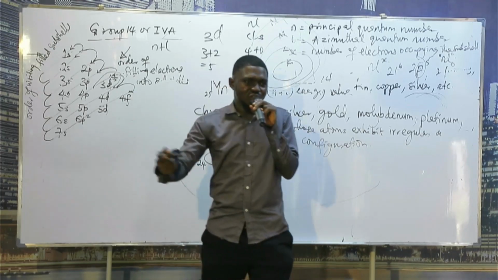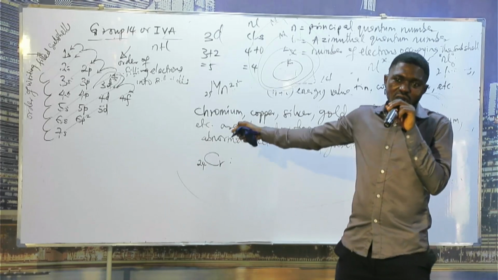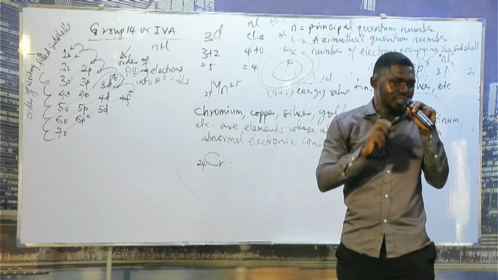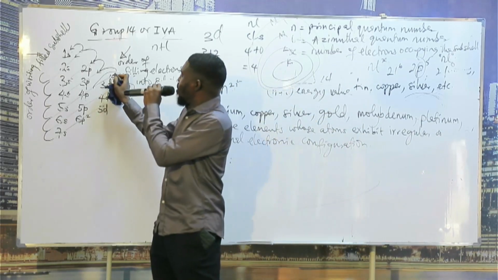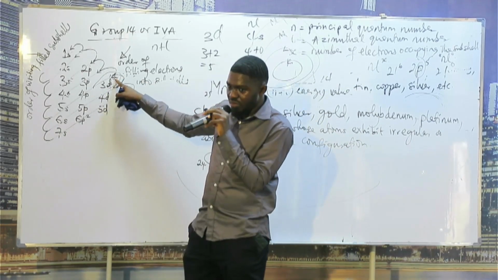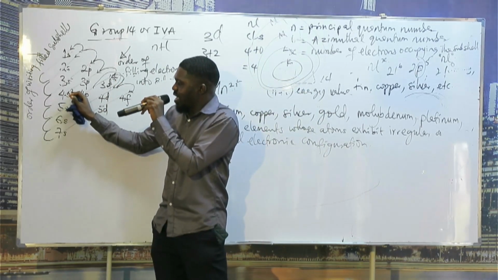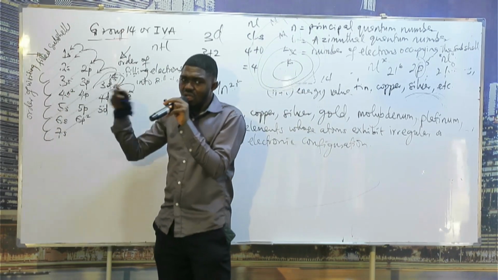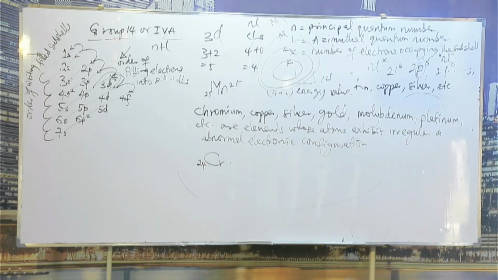That is if the electronic configuration is normal like others, right? But it's abnormal. Look at what makes it abnormal. Normally, what I'm supposed to write here is 4, right? But then how many here? Is it 2? It is because of the phenomenon of penetration of orbitals.